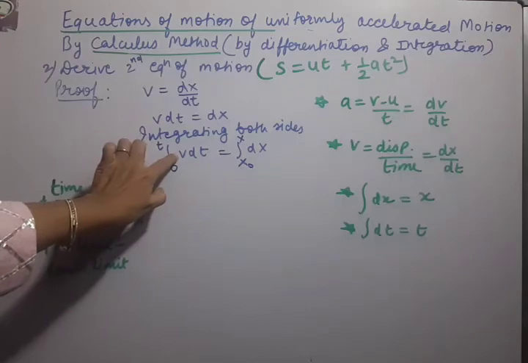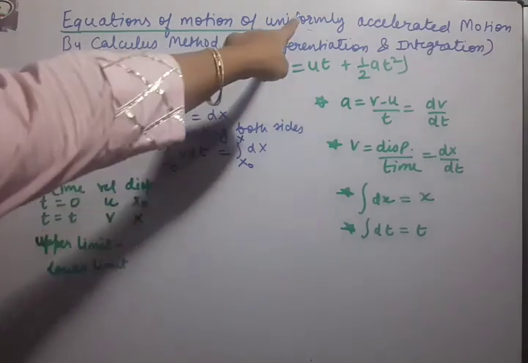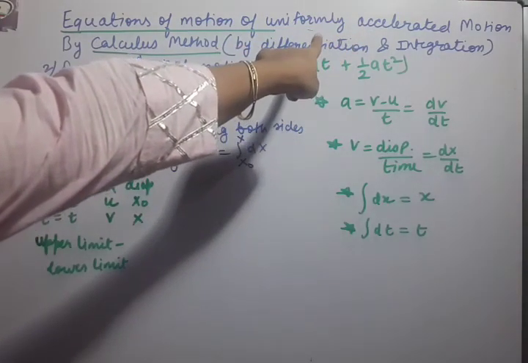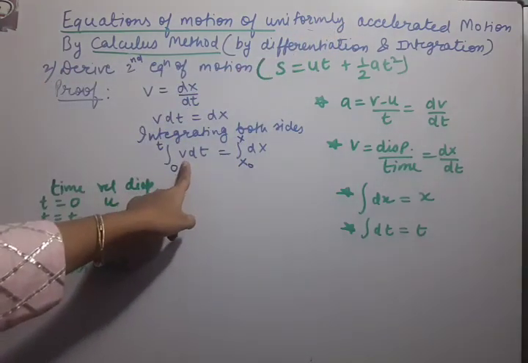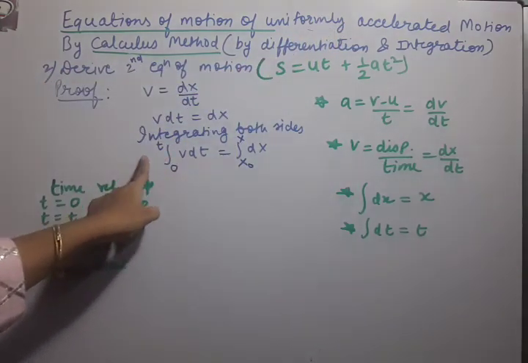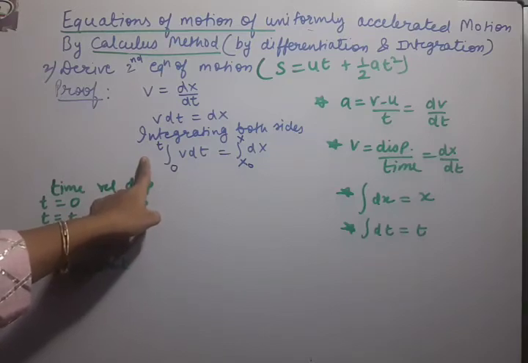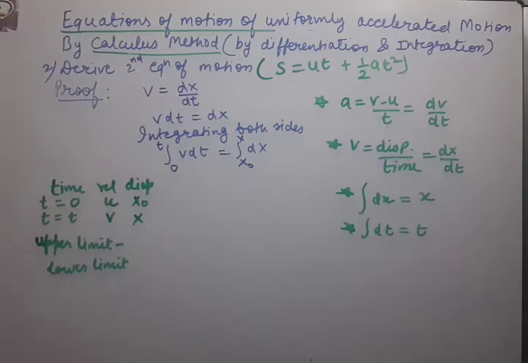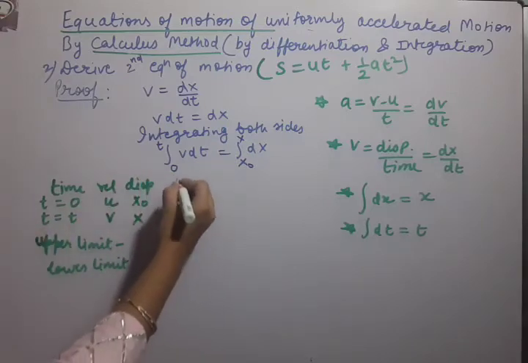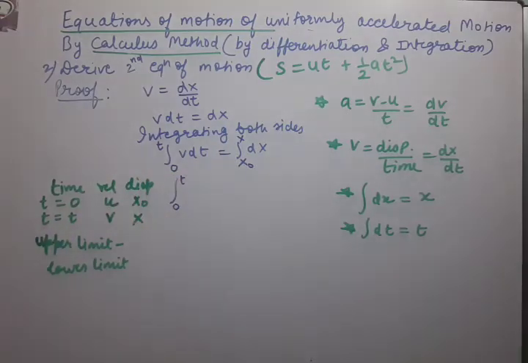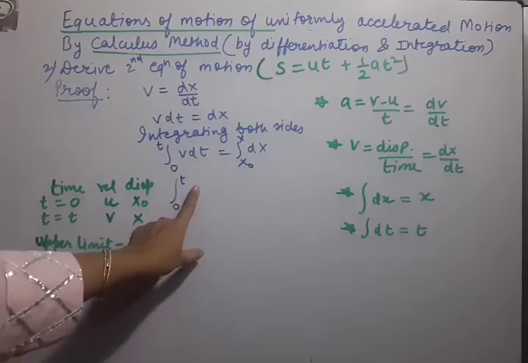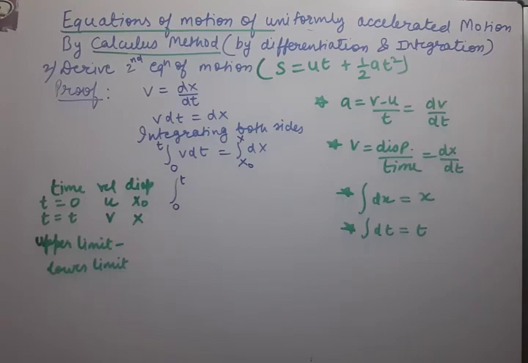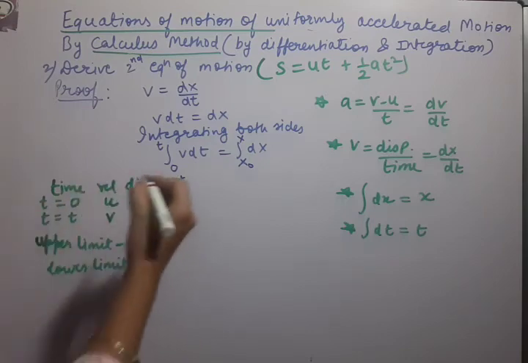Velocity is not constant in uniformly accelerated motion. Velocity changes. That means this velocity is not constant. So if it is not constant, how can we take it outside? Only a constant thing can be taken outside. So what we need to do is put here any answer of velocity which we know in terms of time. So you see, the previous equation was v equal to u plus at.